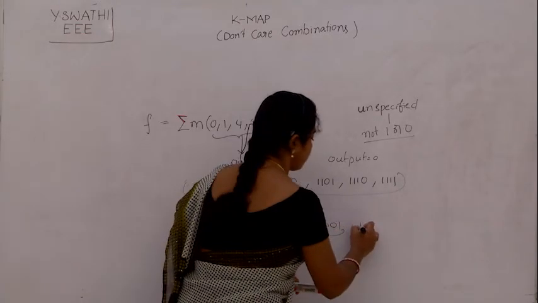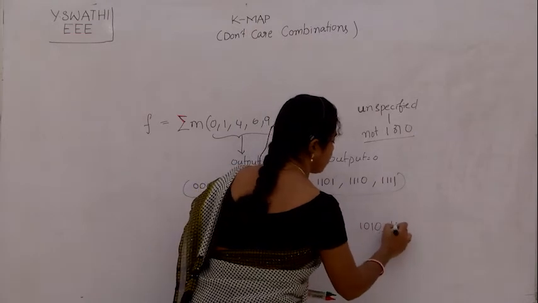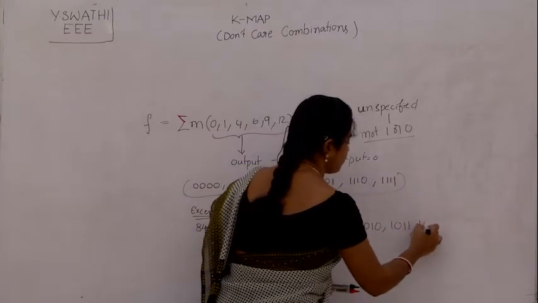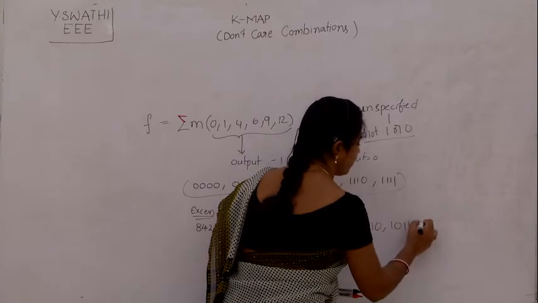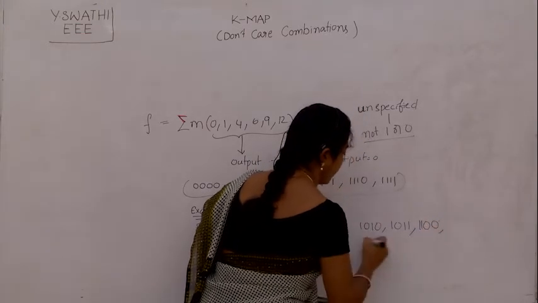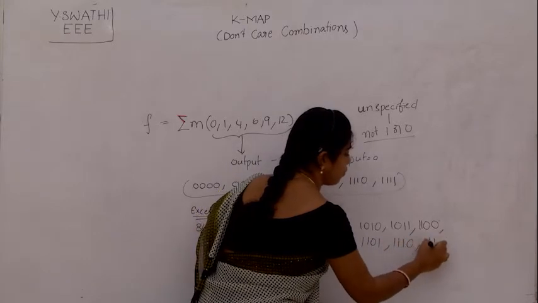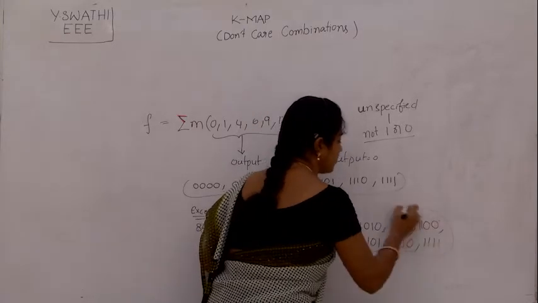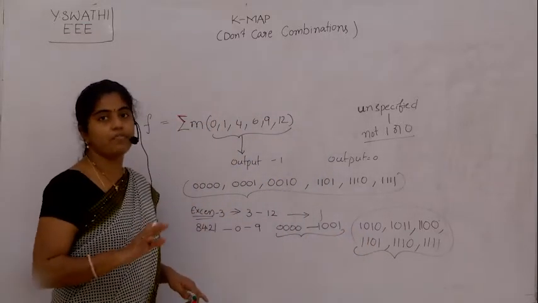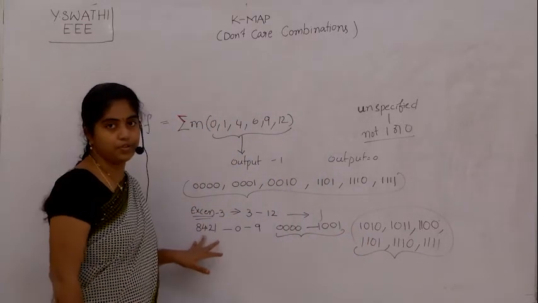After that, 1010, 1011, 1100, 1101, 1110 and 1111. For these combinations you will not find any kind of output for the 8421 code.